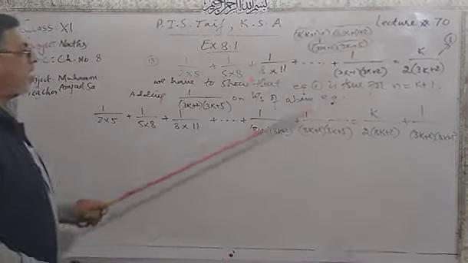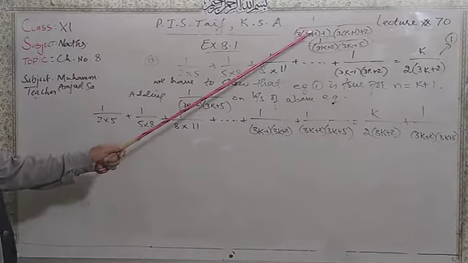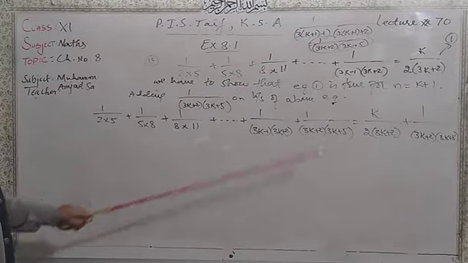So the left hand side automatically has k plus 1 in place of k.